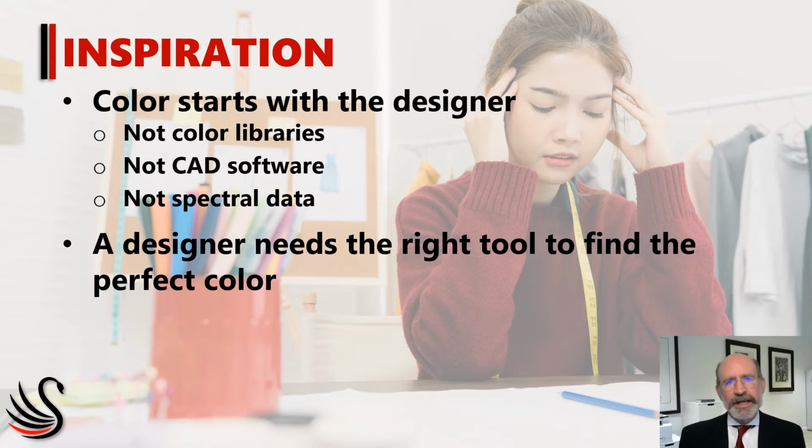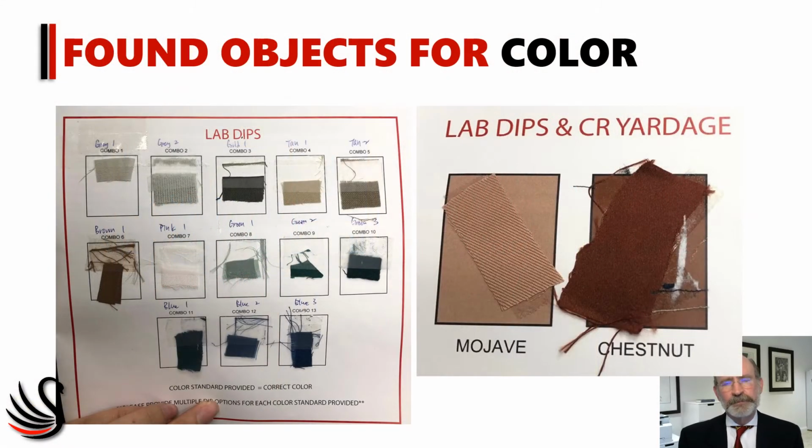So how is it done today? Well, a lot of brands basically go in search of a color. They look for found objects, cuttings of fabrics, perhaps their old garments, perhaps their paint chips, perhaps they've gone to a thrift shop and bought an old garment and said, oh, that's a perfect color.